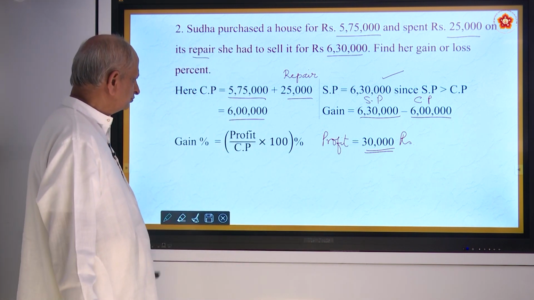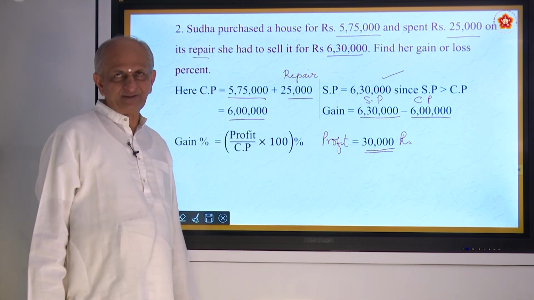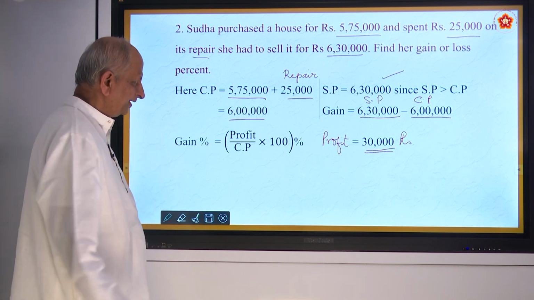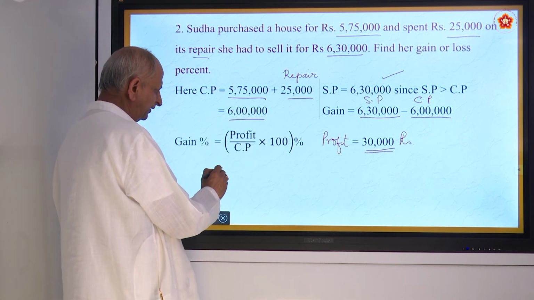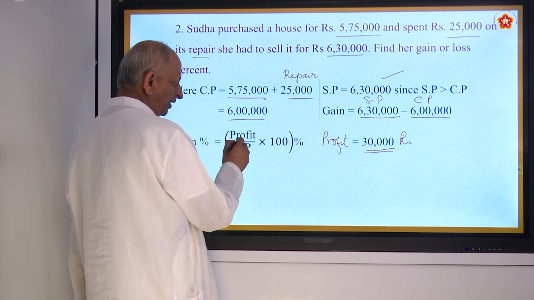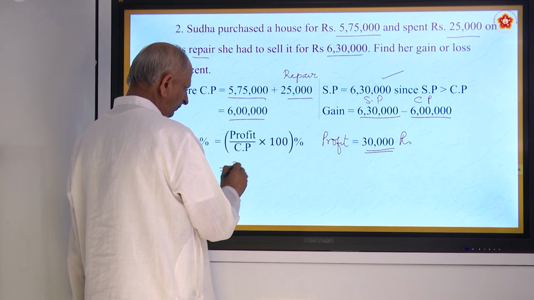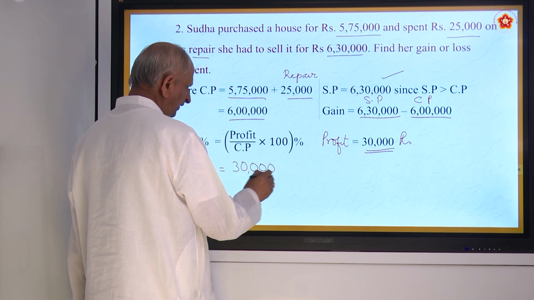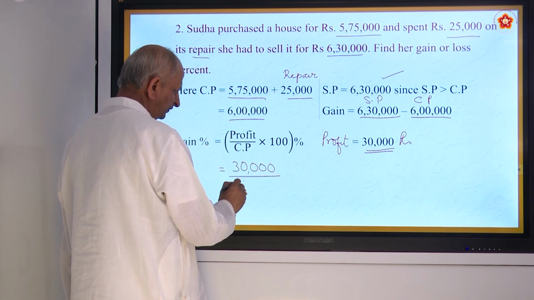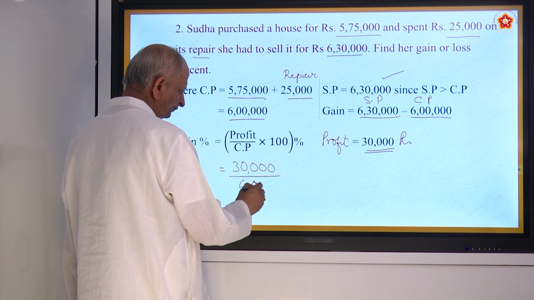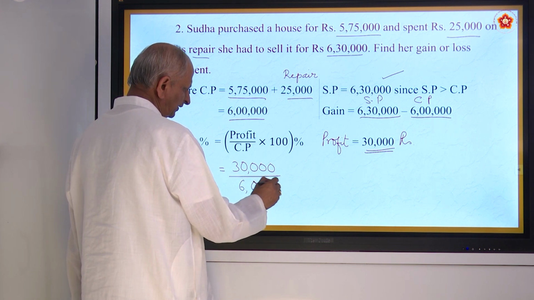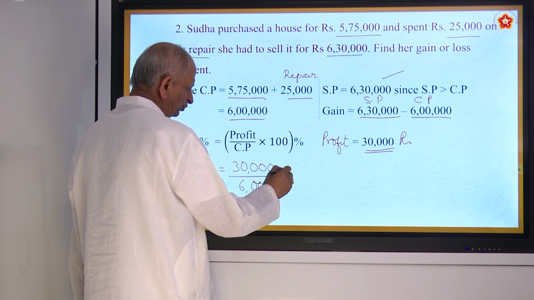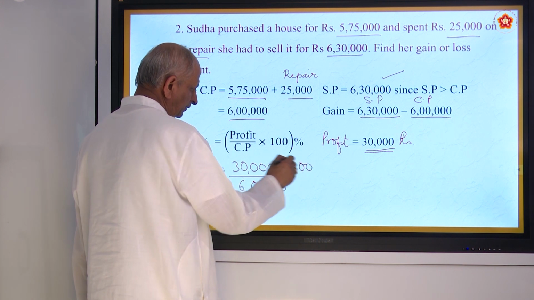And now gain percentage they are asking. As the transaction is gain, we write it as profit for how much? 30,000 rupees profit she got. What is the cost price? Cost price is 6 lakhs. She has spent 6 lakhs into 100.